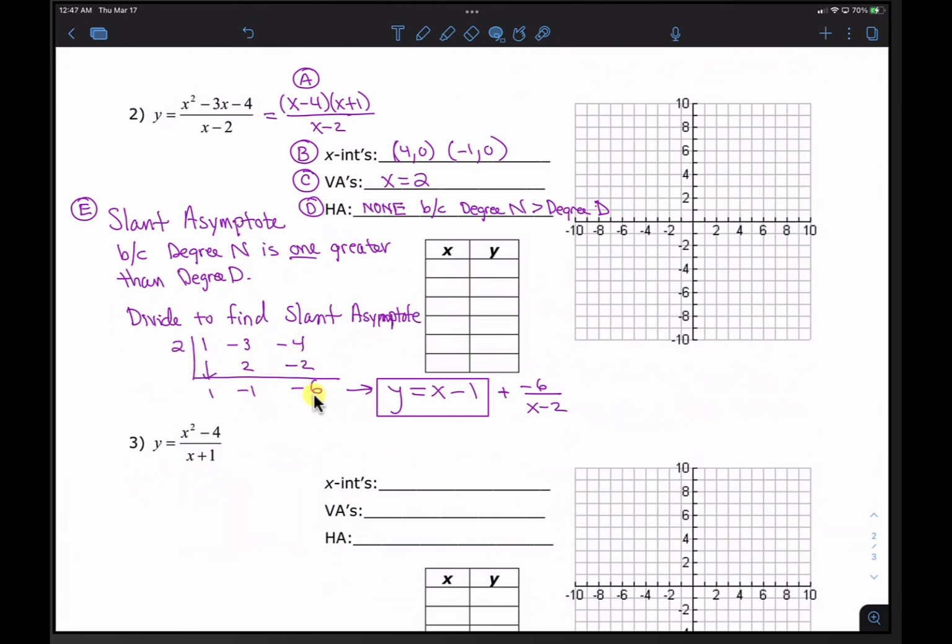Minus 4 is negative 6. So the negative 6 is your remainder part. And then you have 1 and negative 1, which is x minus 1. y equals x minus 1 is the equation of your slant asymptote. And you'll see that drawn over here on the graph in just a minute or so.